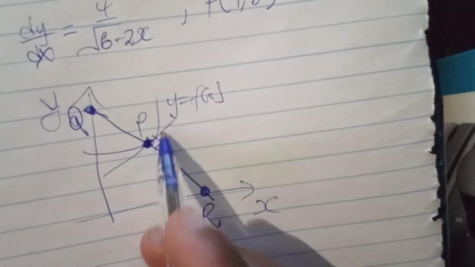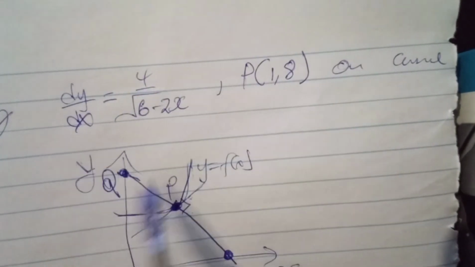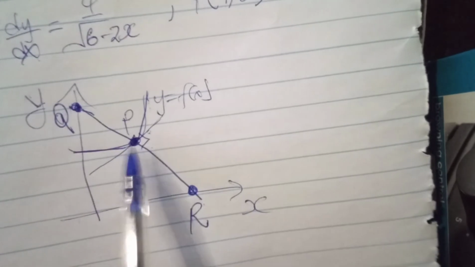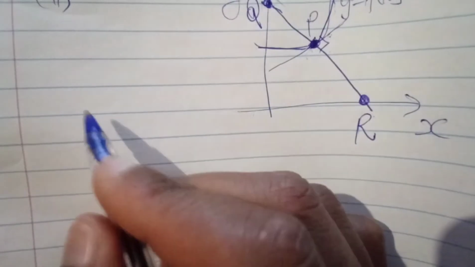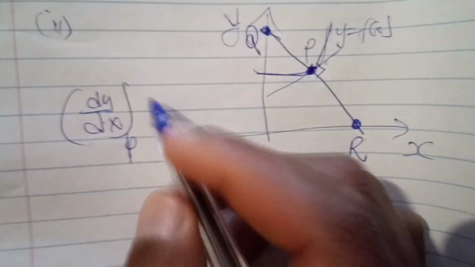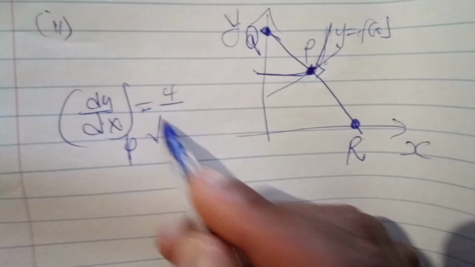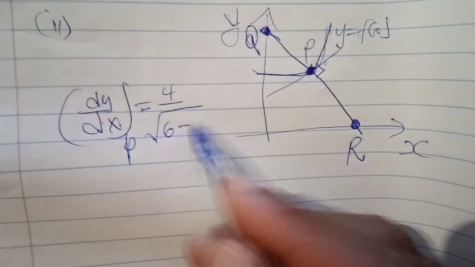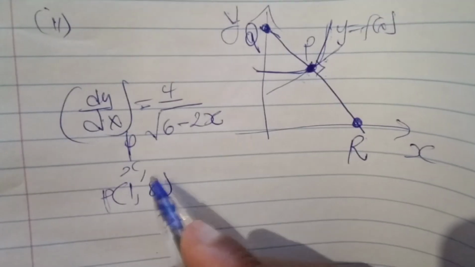This equation is used to determine the gradient at any point. In this case, we can determine the gradient at the point P. So we have dy/dx at point P, and we need to substitute the values of the coordinates of P. In P we have (1, 8), where this is x and this is y.